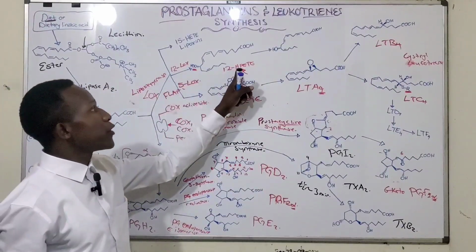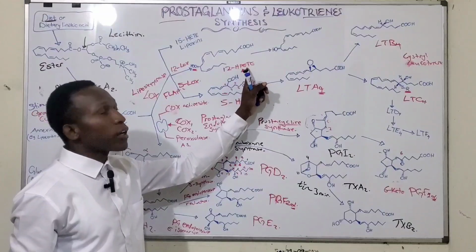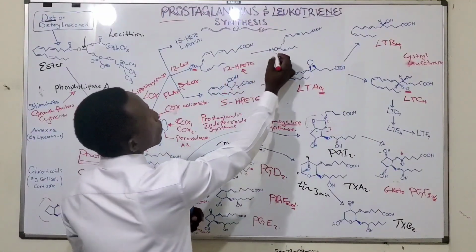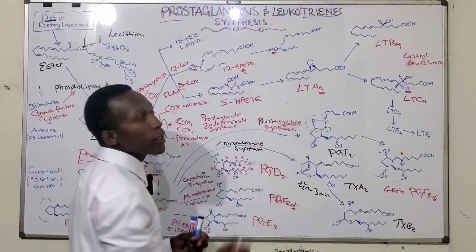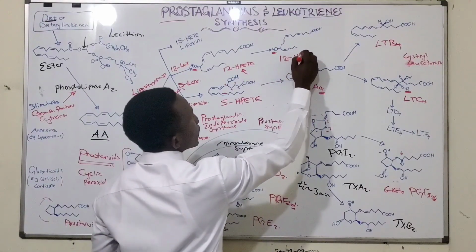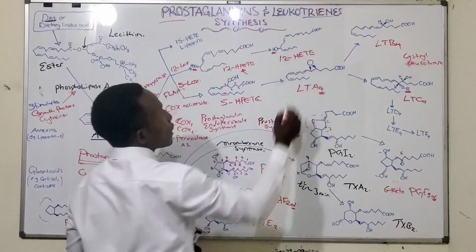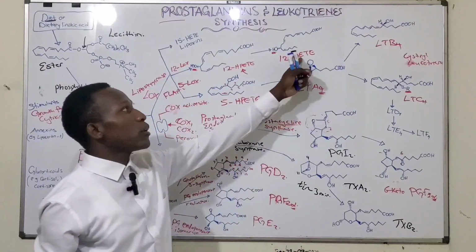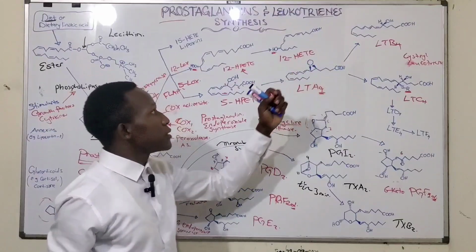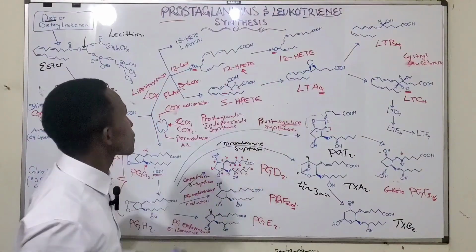So it is hydroperoxide eicosapentaenoic acid. Then from here we see that it is cleaved, remaining with an OH group. So this one is called 12-HEPE now, hydroxy eicosapentaenoic acid at position 12.